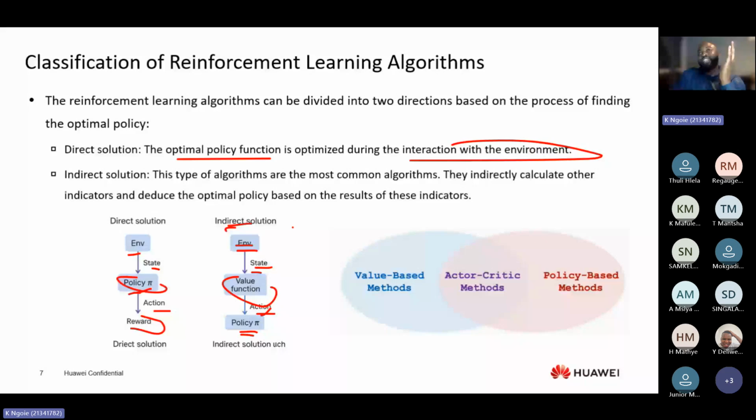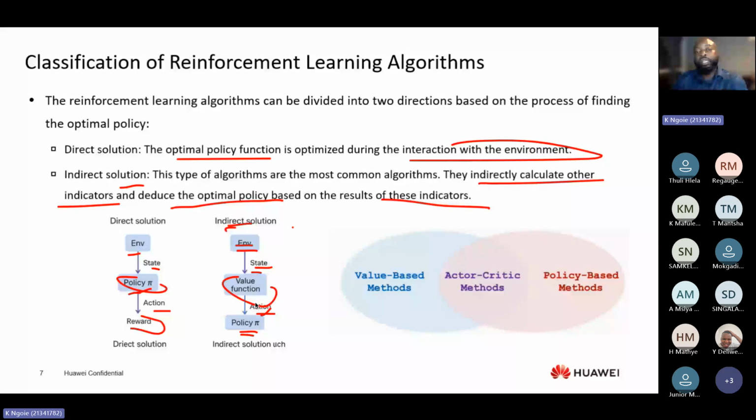But in the indirect solution, we indirectly calculate other indicators, and then we deduce the policy based on the results of these indicators. So we first get other indicators before we could even get the policy. So we don't get the policy directly. Okay, so that's the indirect solution.